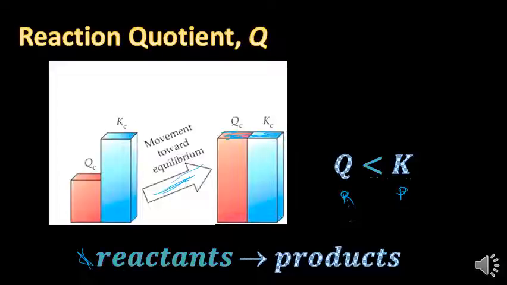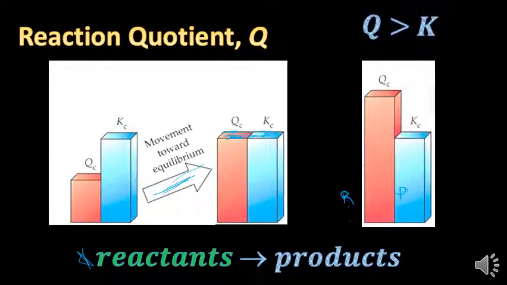Reactants. So our shift is towards the reactants. Do you see that? If Q is less than K, our shift is towards reactants. Do you see how it's pointing towards reactants? All right.